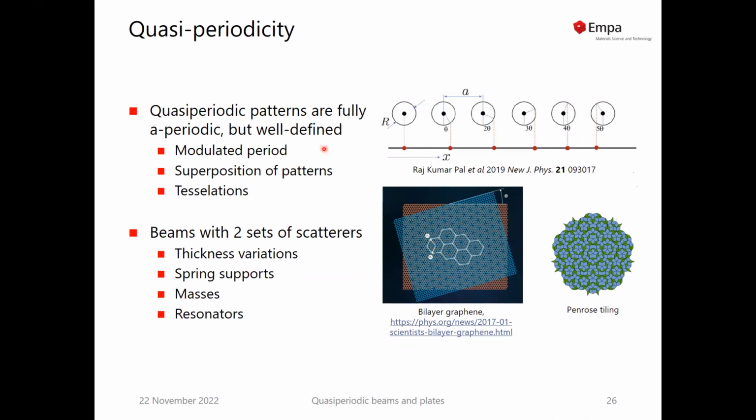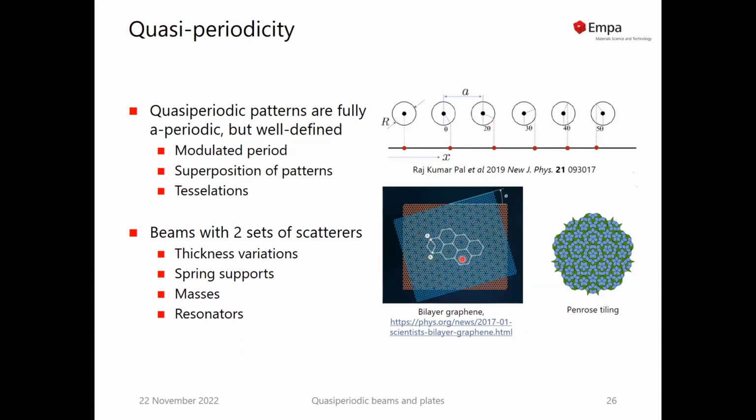So the main idea is that this global aperiodicity is well defined by some pattern rule or other. One example is here by Rajkumar Pal 3 years ago, the group of Massimo Ruzzene, where they're using modulation of the phase of the placement of the resonators in a quasiperiodic pattern.